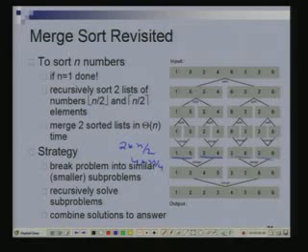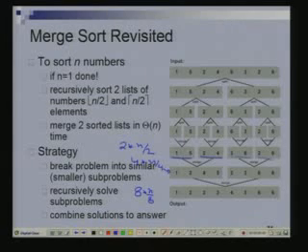The next one would take 8 units of time, and there are n by 8 such merges. n here is 8, so there is only one such merge, but in general there would be n by 8, and so you would get such a sequence. This is what you have to sum. This is the total time spent by your algorithm.